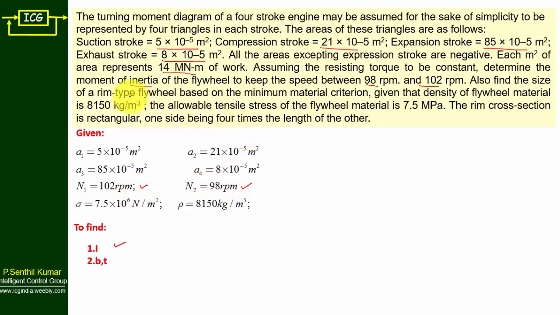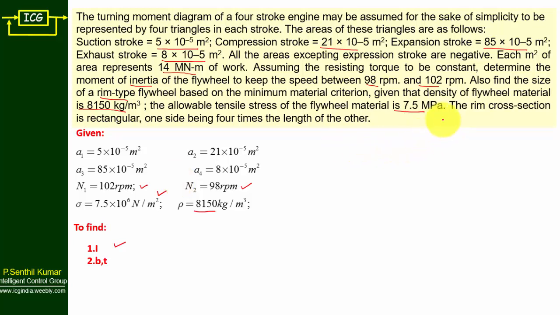Find the size of the flywheel rim, I mean width and thickness of the flywheel, subject to a given condition of density of the flywheel. This is the density value, 8150 kg per meter cube. The allowable tensile stress is 7.5 into 10 power 6 newton per meter square. So these are all the given constraints.